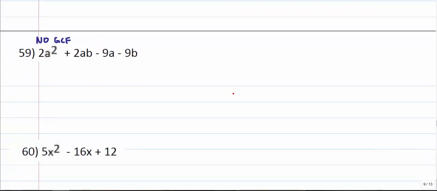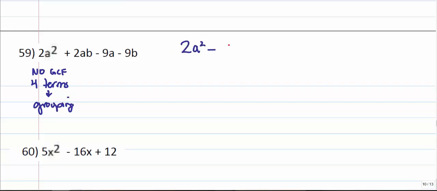Oh, look at that. It already says no GCF on that one. How weird. There's no GCF, but there are 4 terms. And so what that tells me is to use grouping. So I'm going to group together my first 2 terms, and I'm going to group together my second 2 terms. And I'm going to factor out the GCF from each group.